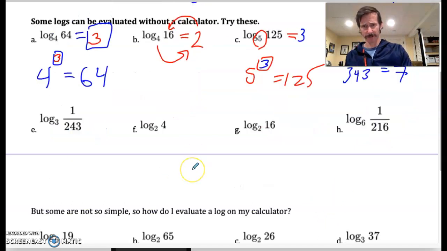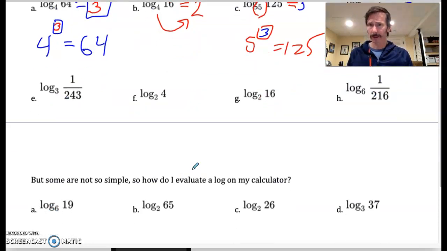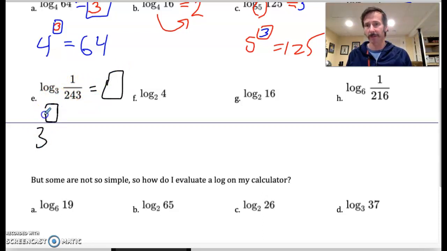So as we move down to the bottom half of this, again, this one is asking a question that 3 has some particular power, and that will yield 1 over 243. So before I do anything, because the answer is a fraction, the exponent up here would have to be negative. So I know it's going to be a negative number.